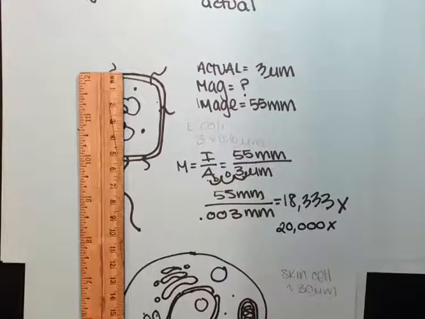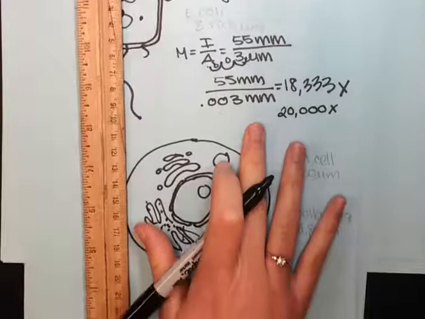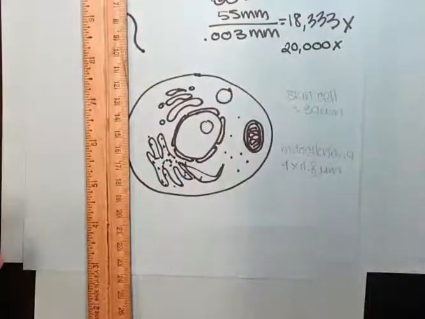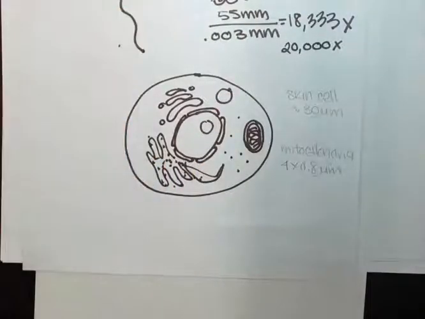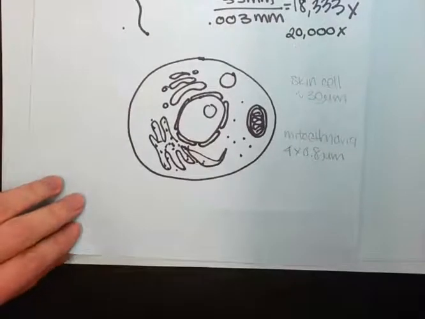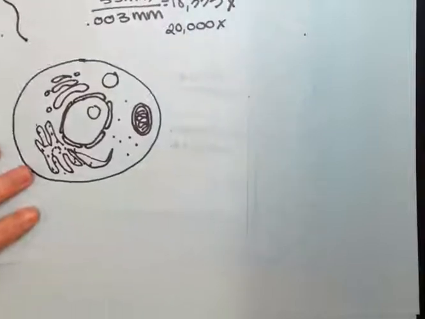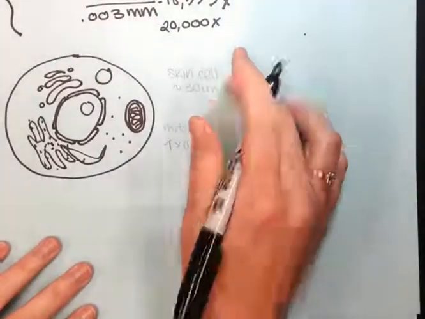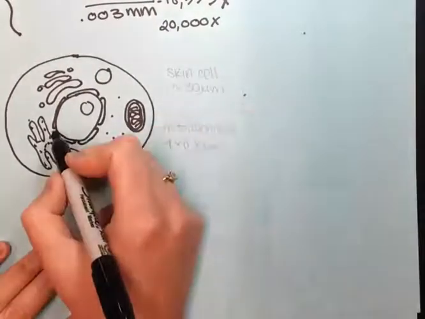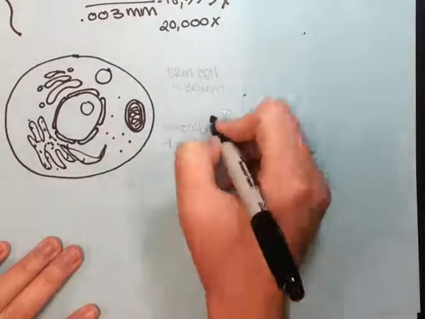So I'm going to do just a couple of more. You are going to do the same thing with your images. So if you get stuck, you can always come back and take a look at what we're doing here and try to do it with the images that you drew. So again, I have my worksheet. First, we're going to look at this, what I'm calling a skin cell.